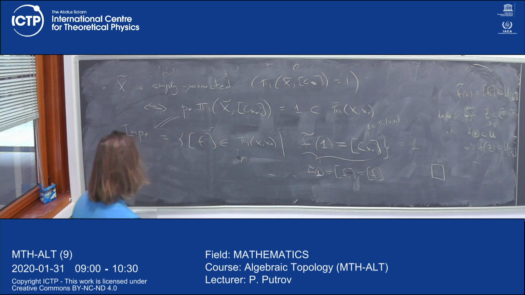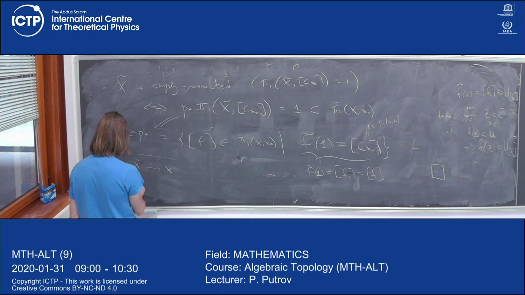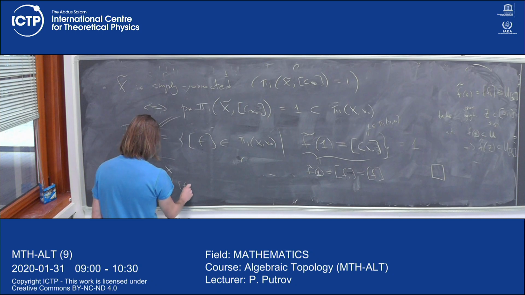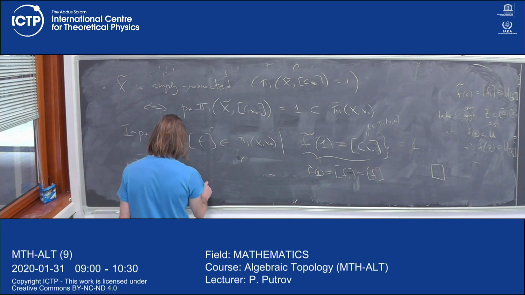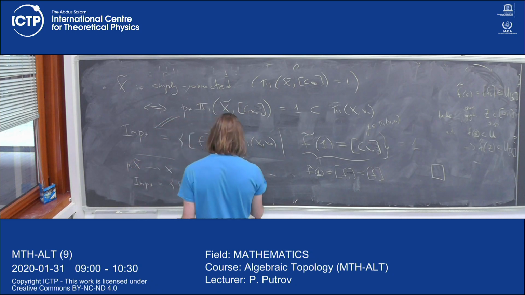Well, let's see. In general, the general property of the image which we showed before: we showed that the image of P star is classes of loops in X such that they lift.